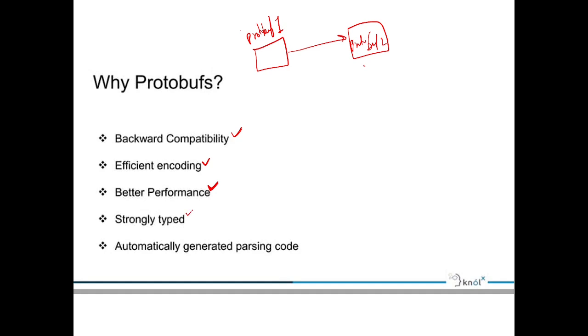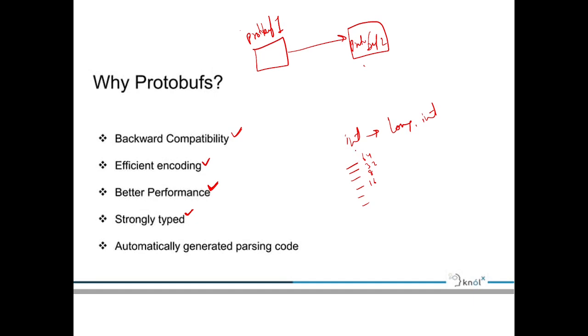Strongly typed. Strongly typed means that in the case of JSON and XML, we can define the values, like in the case of integer, JSON provides long and maximum int. But in the case of protobuf, it provides different versions of int, like 64, 32-bit, 8, 16, all of this, through which it becomes efficient.